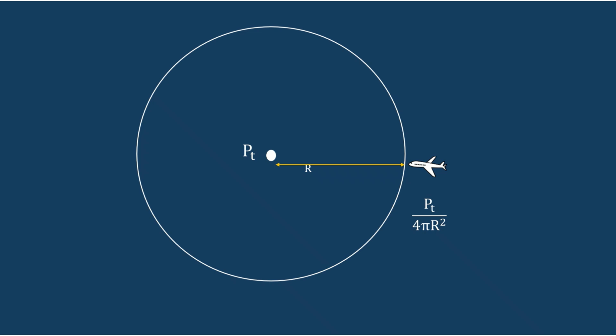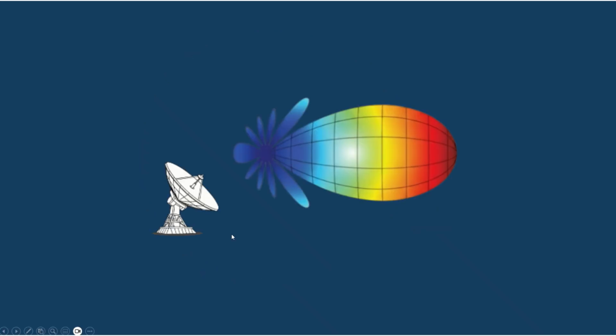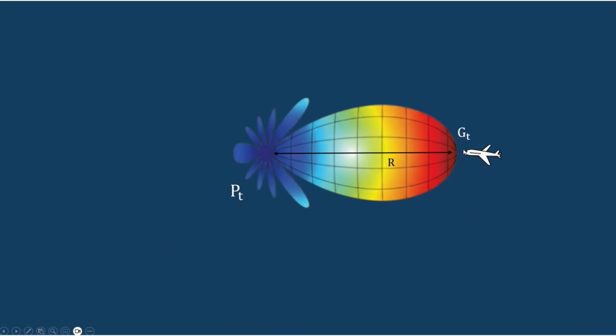This is the case of an isotropic radiator. But we know that all antennas are directional. Our radar is also directional, so it has a directional pattern with maximum gain in particular directions, and it has side lobes and back lobes like this. Let's say our target is in the maximum direction and the gain at this maximum position is Gt.